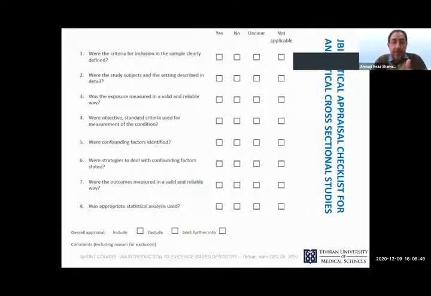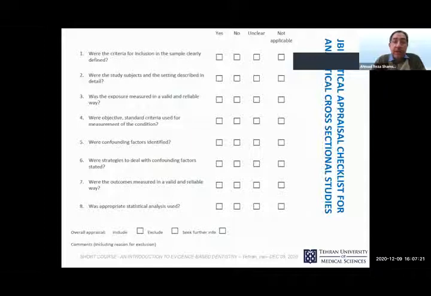It's again about the subjects and settings. As I mentioned before, for example, in an office, patients who are referred to a clinic or hospital, or otherwise. And the third one: was the exposure measured in a valid and reliable way? So it's something for calibration, considering the sensitivity and specificity of the measurement.